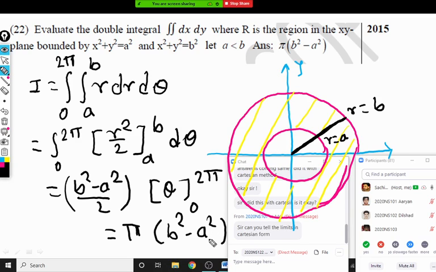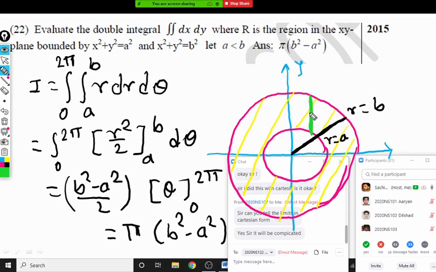I will not tell you anything in Cartesian because it's complicated already. I told you polar so that you follow the instruction. Otherwise, if you want to use your brain, you can find your limits. Limits become complicated; you will observe clearly here. If you do it in Cartesian, you take a vertical strip. First of all, you have to take 4 times, 4 into double integral dy dx, vertical strip.